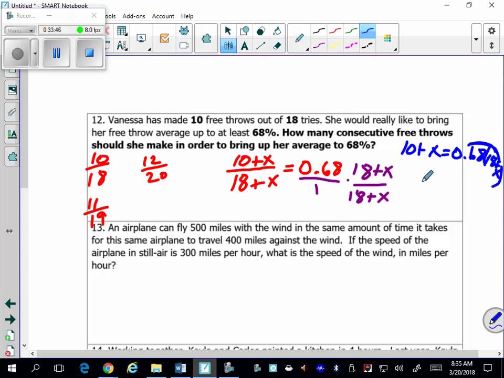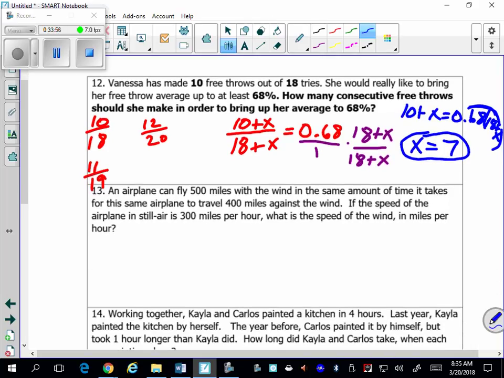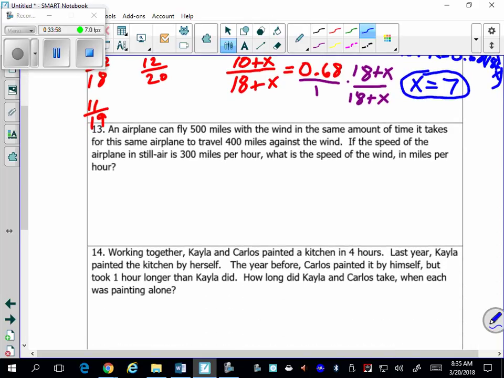Moving on. Airplane can fly 500 miles with the wind. We'll say the wind is coming from left to right. So the distance it flies is 500 miles with the wind, and the same amount of time, that's going to be important, I believe, as it takes the airplane to fly 400 miles against the wind.